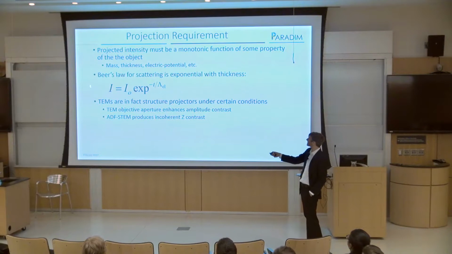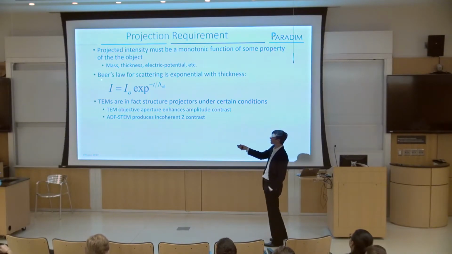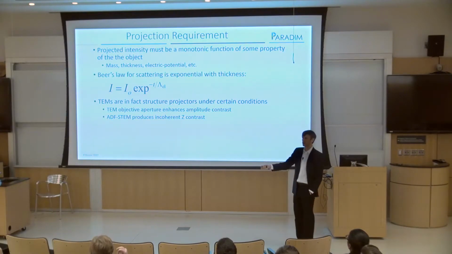A really simple way to think about it is something called Beer's law, for scattering, which is exponential with thickness, okay? You think of the intensity in your pixel as some exponential function based on the thickness and the cross-section, the elastic cross-section in this case, multiplied by your original intensity. It's the original intensity that hits the sample, and then you get less or more intensity as it goes through.